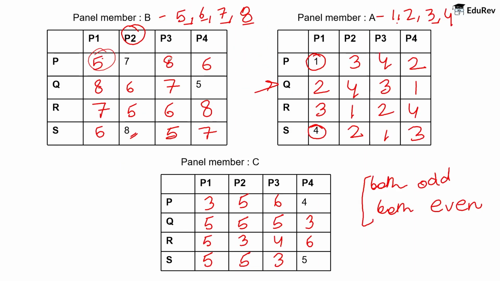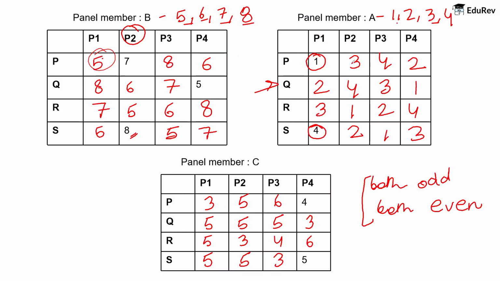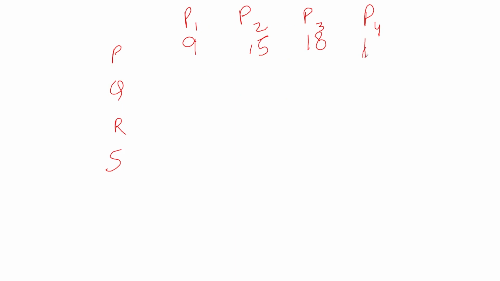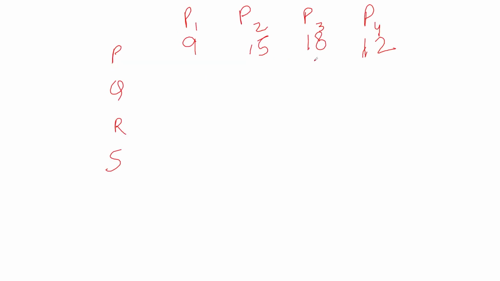For P3, this will be 8 plus 4, 12 plus 6, 18. For P4, it will be 6 plus 2, 8 plus 4, 12. Similar way, you can fill it. Now I am interested in only P3. So let's first quickly find for P3.